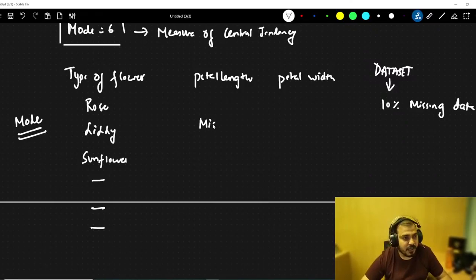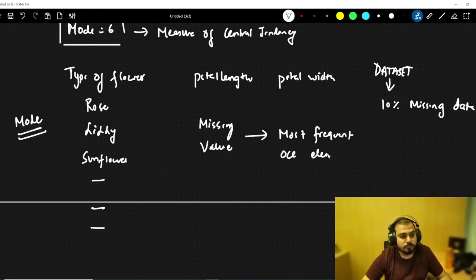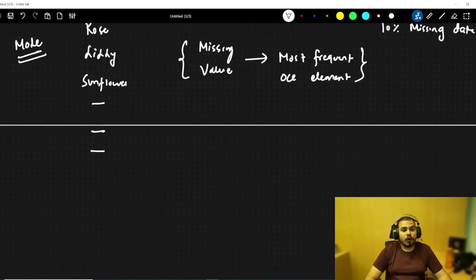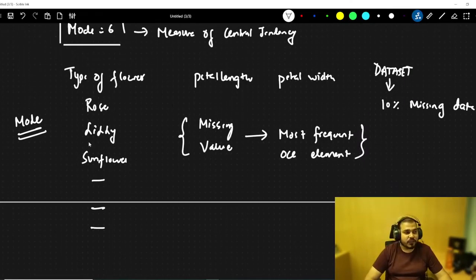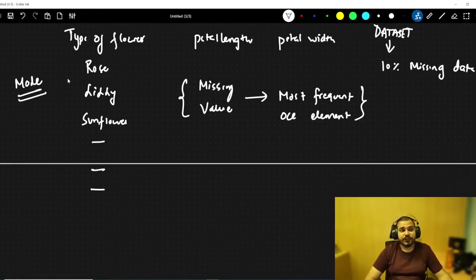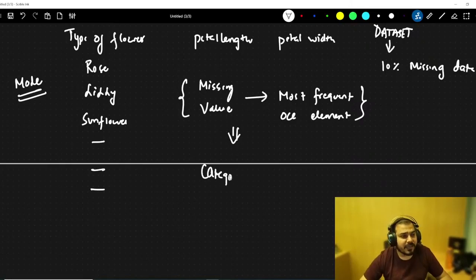So the missing value will be replaced with the most frequently occurring element. We can get the most frequent element by using mode, which works well with categorical variables.